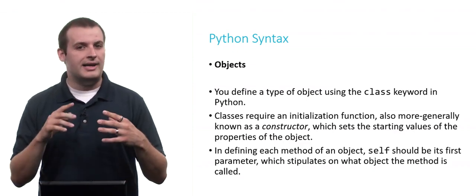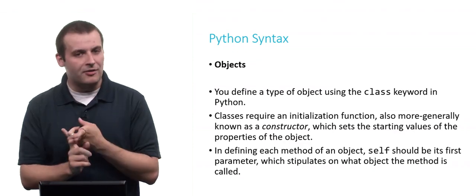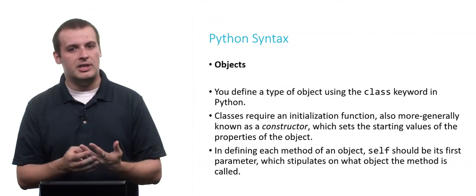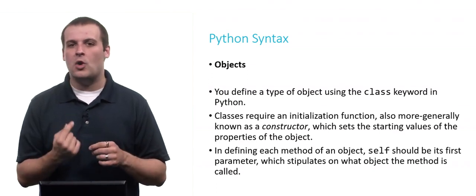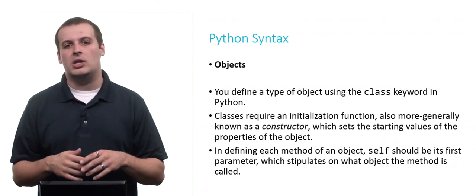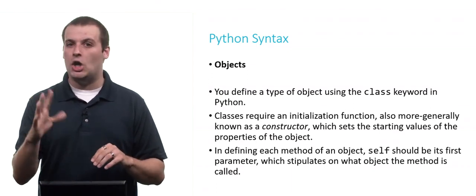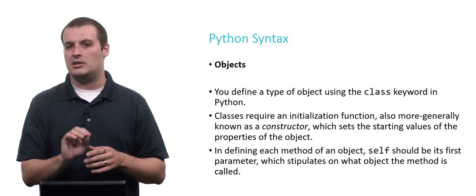Then, in addition to defining the properties of the object, we also have to define functions or methods that can apply to the object. Every method that we define inside of the class has at least one parameter, and that parameter is canonically, although you don't have to call it this, called self. All it is is a reference to the object, so that we always know what object we are talking about.